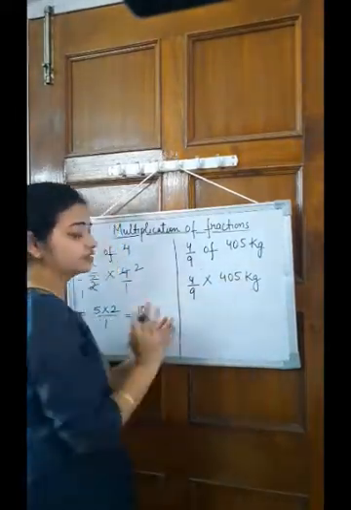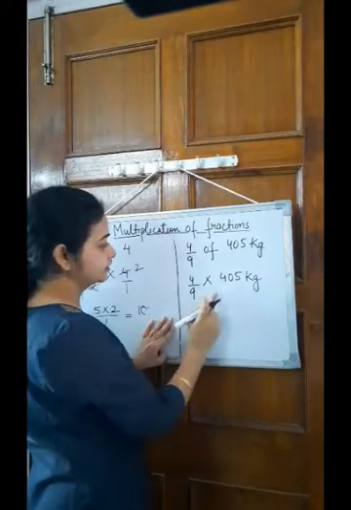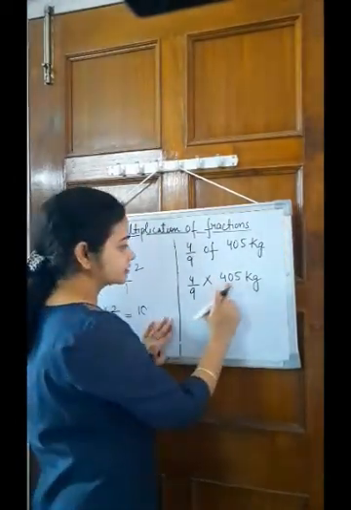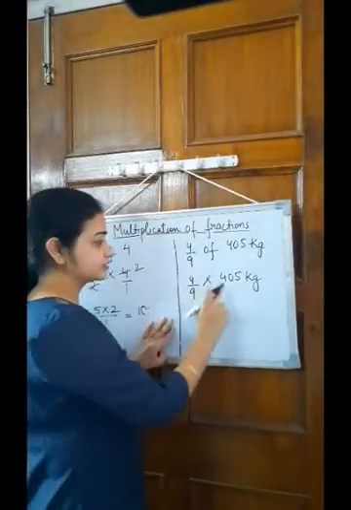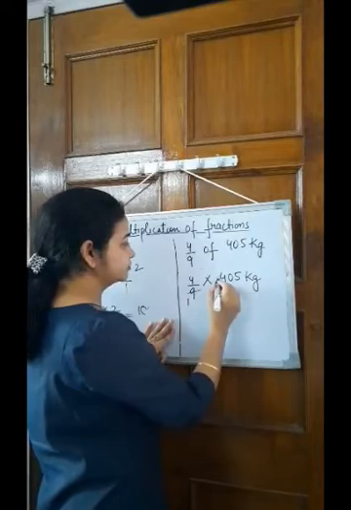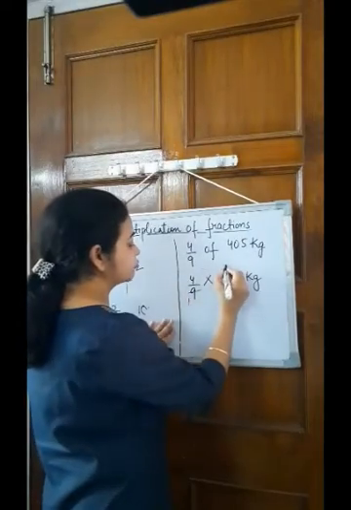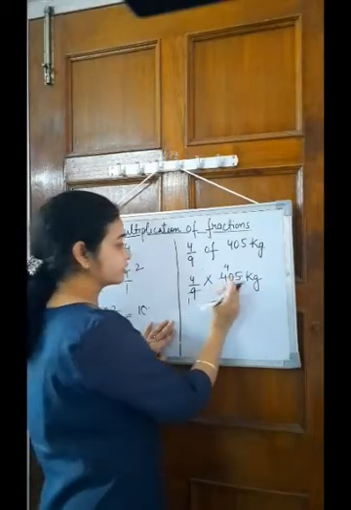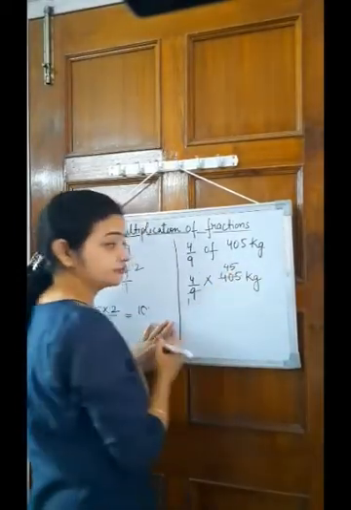Now check if we can cancel it or not. So this is 9, and to check divisibility, we can use the divisibility rule: if I add the digits, the answer is coming 9. So yes, the number is divisible by 9. So 9 ones are 9, 9 fours are 36, so 4 will be left, 45. So it will be 45.